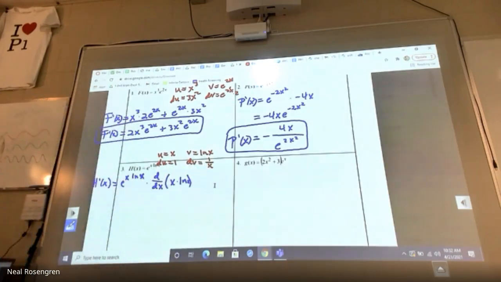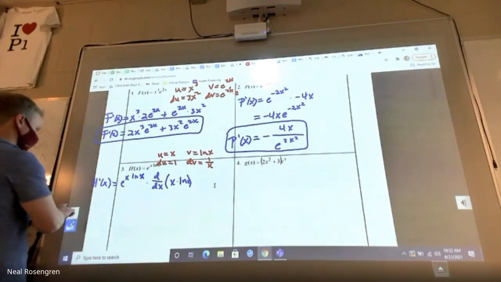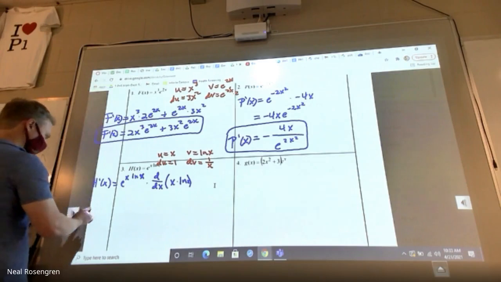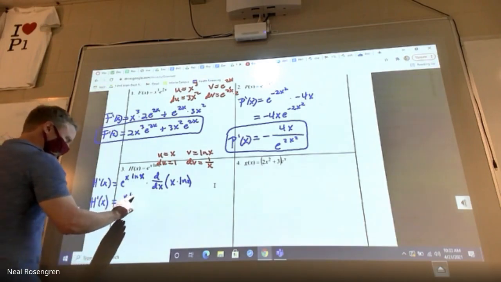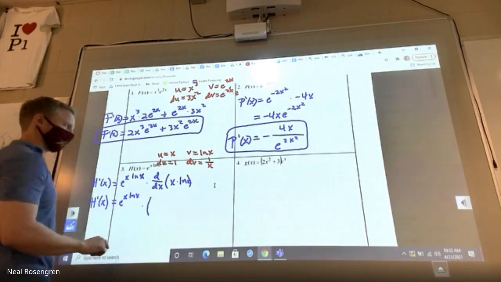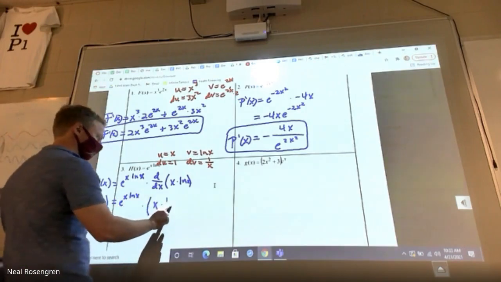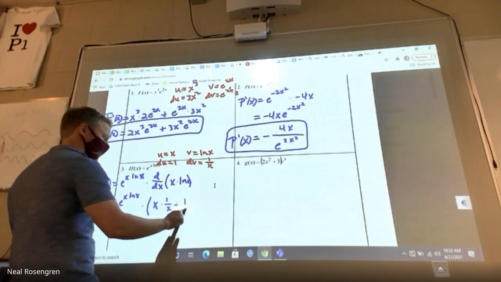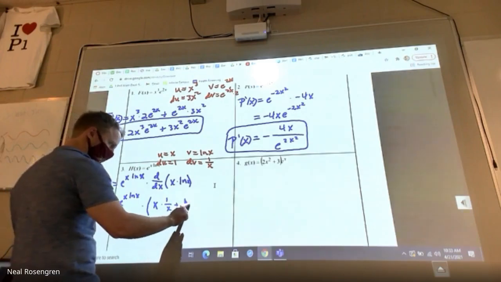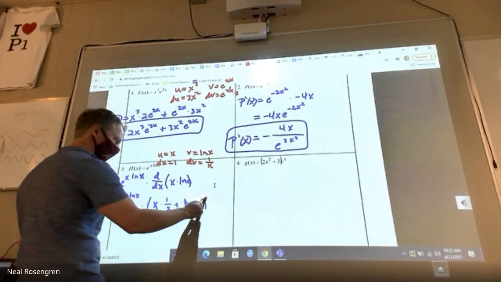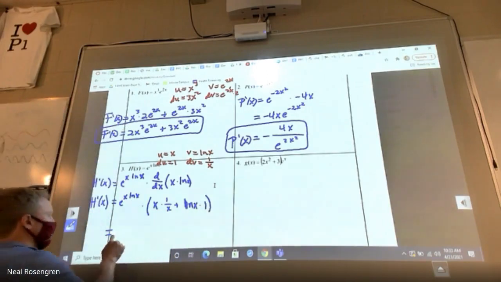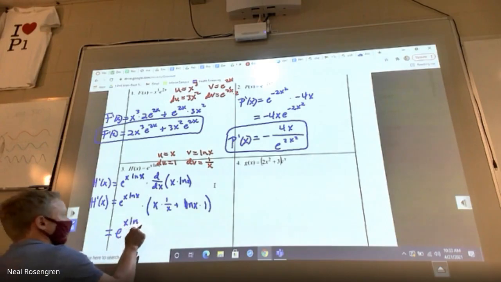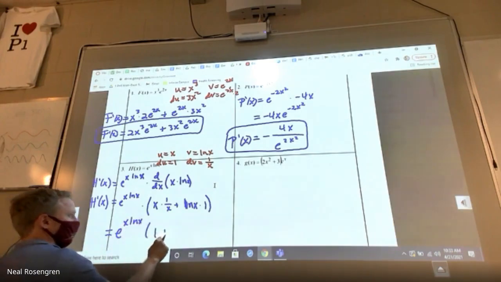Besides e to the x being its own derivative, ln of x being 1 over x, that's not going to work. So, all right. e to the x ln of x times the product, e to the x ln of x times 1 plus 1 over x.